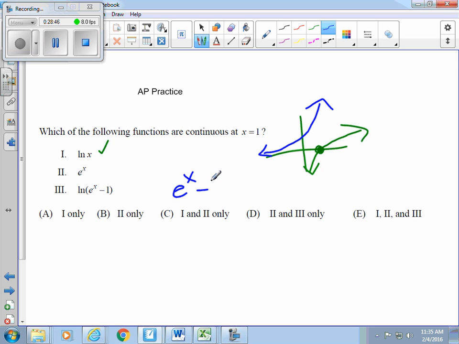The inside of the logarithm can't be 0 or negative, right? What's e to the 1? E, which is about 2.7, right? What's 2.7 minus 1? Not 0 or negative, right? Good, good, good. So the effort in that problem was the algebra, was remembering logarithmic properties.